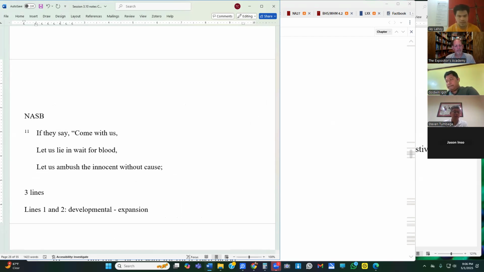They're 2 different thoughts, but continuous thoughts, so it adds to the previous one. And then line 3 is somehow similar with line 2. Let us lie in wait, let us ambush the innocent without cause. So it's somehow synonymous. Lines 3 and 2, I think so.